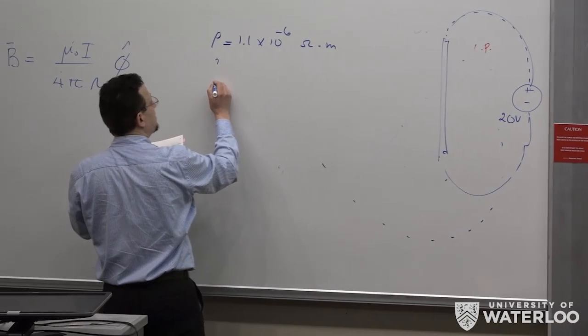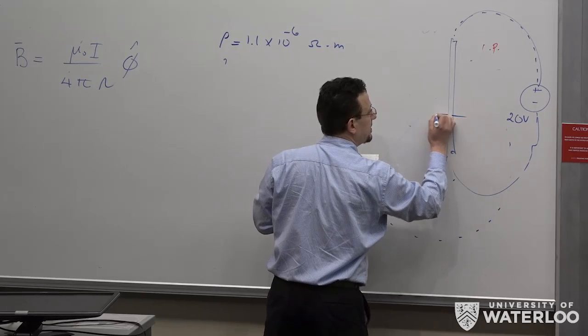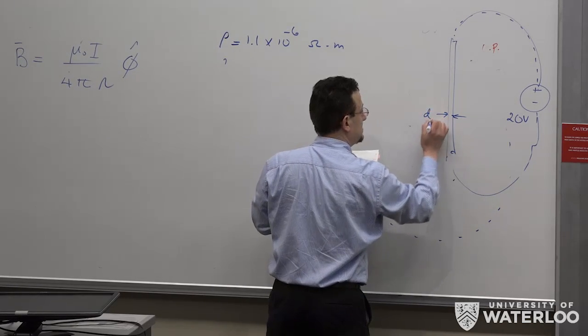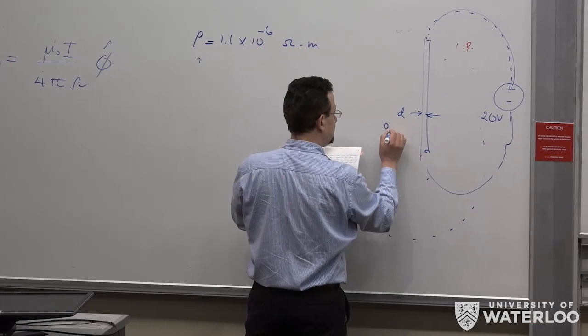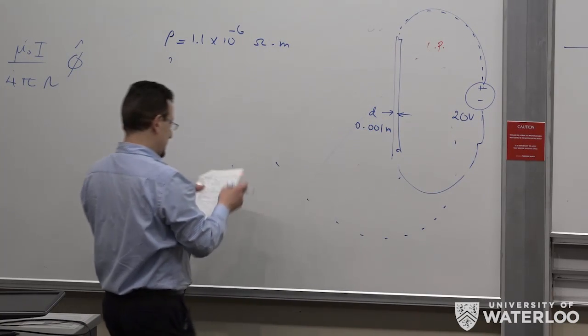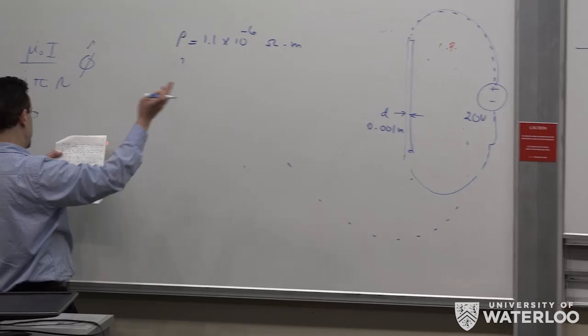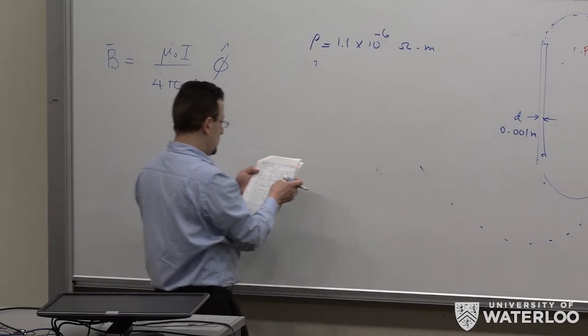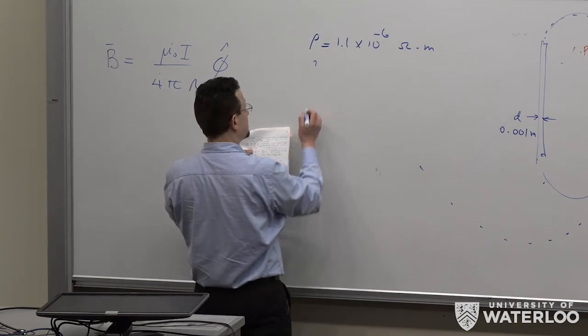The diameter of the wire here, this is D, is 0.001 meter. I gave you the resistivity of the wire, the diameter of the wire, and I want you to find the magnetic field strength.